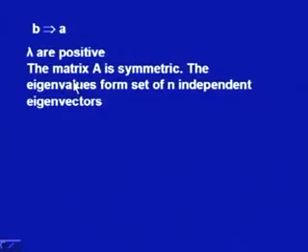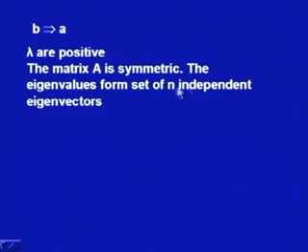Now, to consider B implies A, I will start with all positive eigenvalues and I will show that the corresponding matrix is positive definite. So, assuming all lambdas are positive and the matrix A is symmetric, because this matrix is related with the quadratic form, the eigenvectors form a set of n independent eigenvectors.